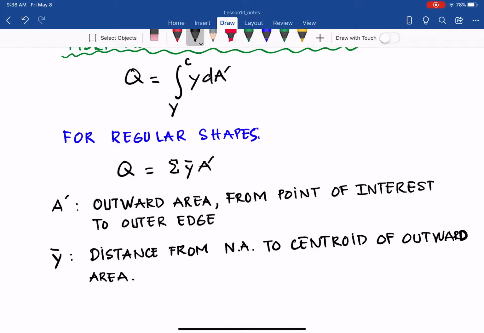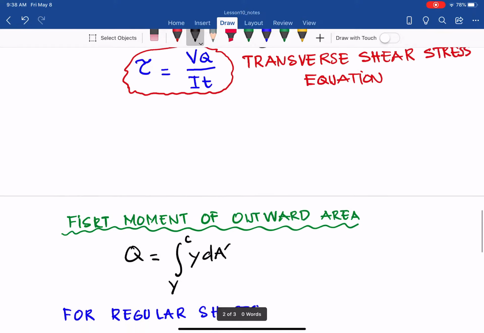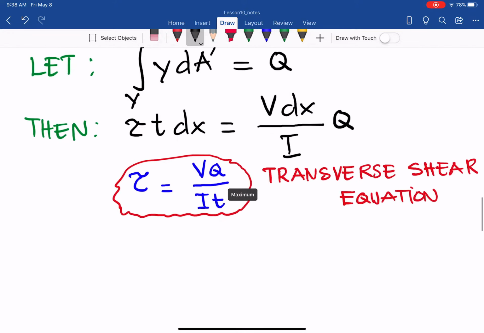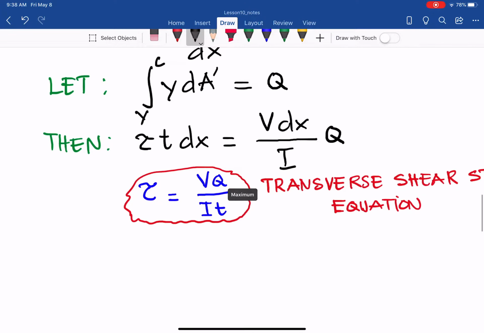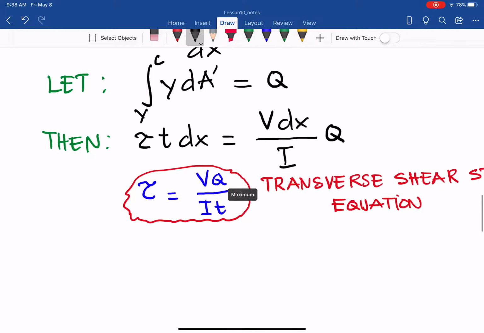And when Q varies parabolically, with V the same at one cross section and I and t the same based on our prismatic assumption, then tau varies based on Q. The transverse shear stress varies parabolically about the neutral axis, because the first moment of the outward area Q also varies parabolically.